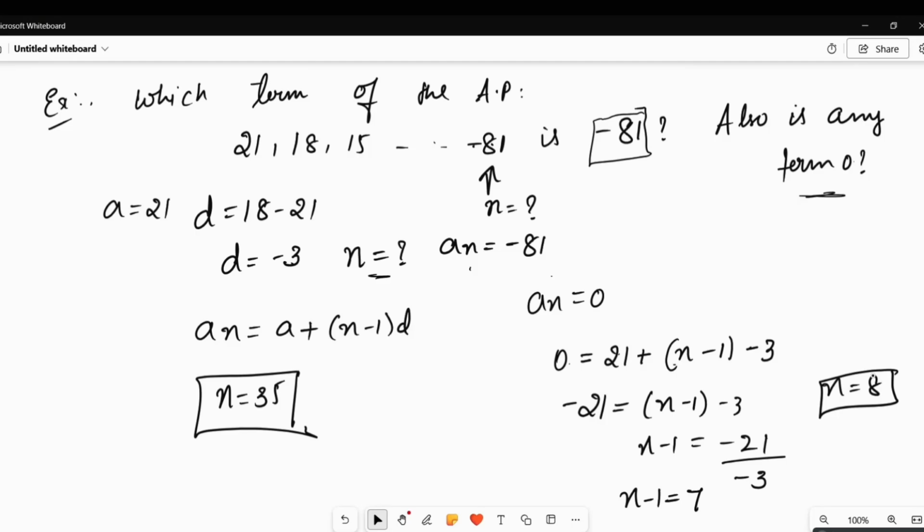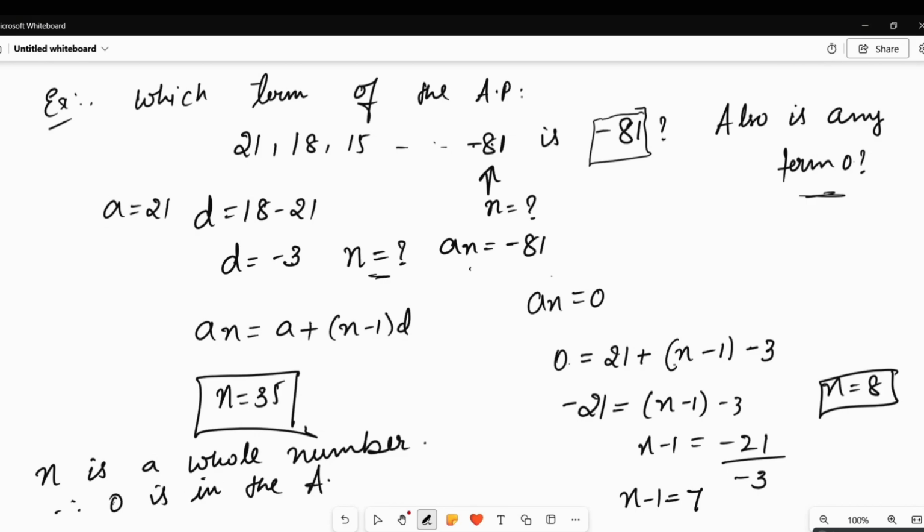That is why 0 is in this AP. So write the conclusion: n is a whole number. Therefore, 0 is in the AP.